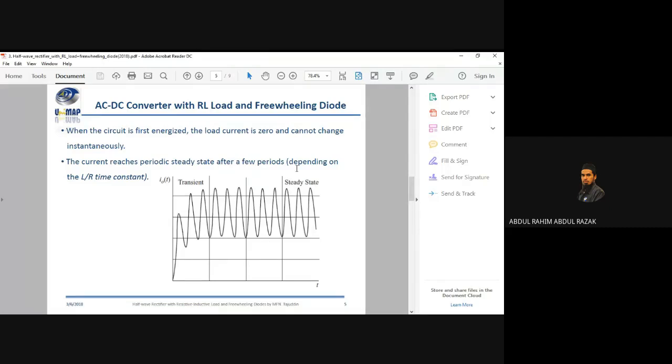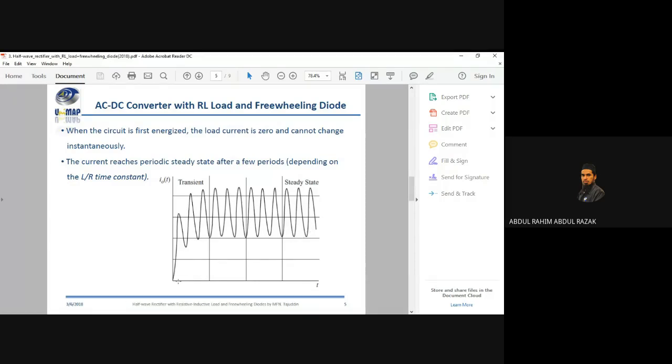That's why when you run your simulations, you cannot include this transient part, and you also cannot run for a duration that is so short, because it will not represent the steady state response of your system.